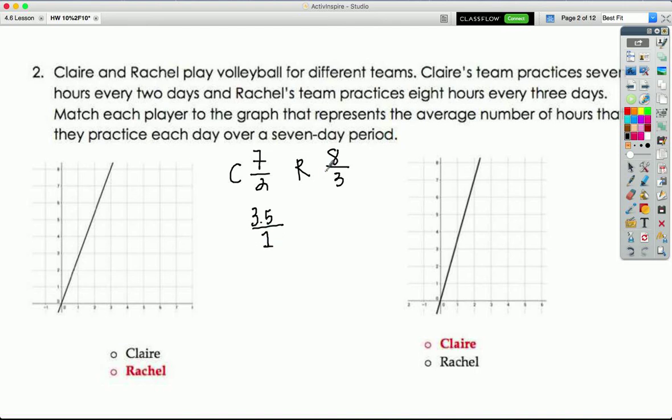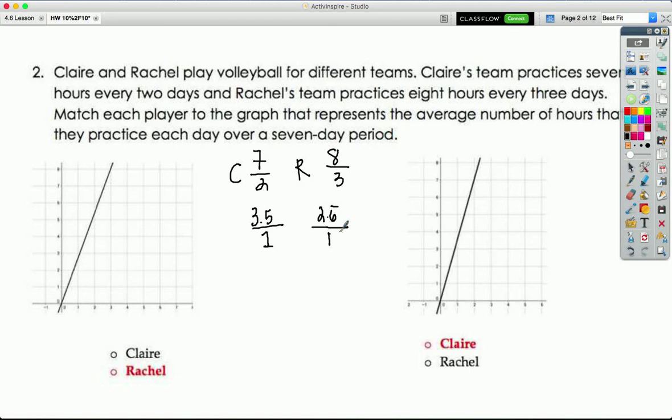And Rachel's is actually going to come out to be a repeating decimal because 8 divided by 3 gives me 2.6 repeating every 1 day. So Claire practices approximately 3.5 hours every day, and then Rachel's team practices approximately 2.6 hours every day.